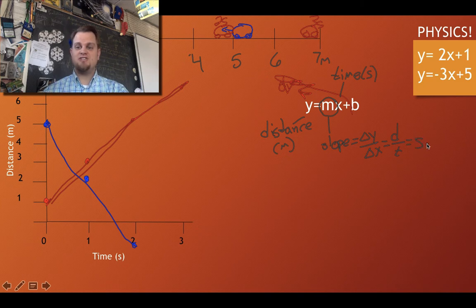That is speed or velocity. And we're going to use velocity here. So really, you get that m, the slope, is the velocity of whatever you are measuring here. Now, that only leaves us with b, the y-intercept. Well, the y-intercept here is at time 0. Where is it? Well, that's the starting point.